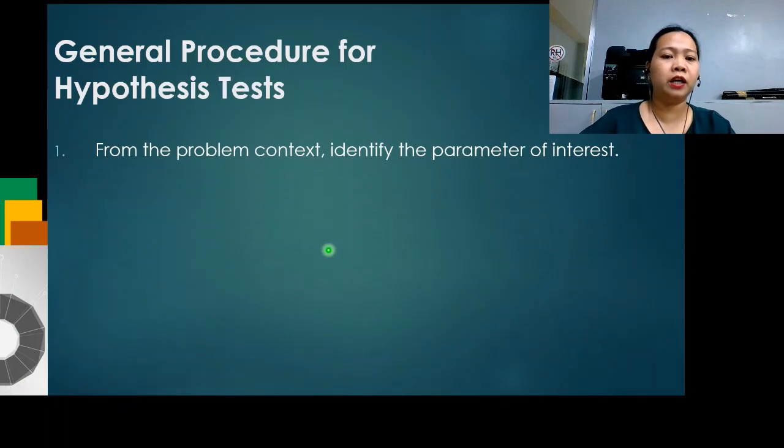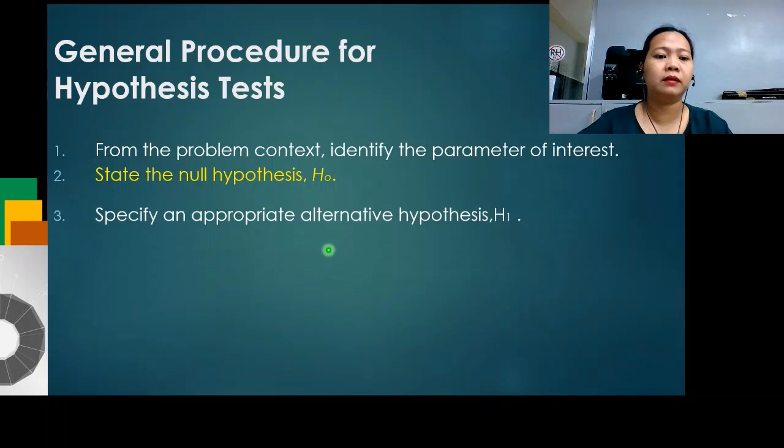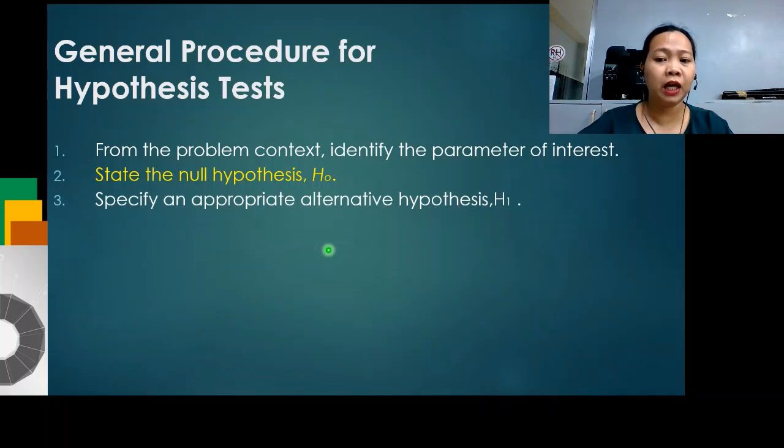So these are the general procedures in testing your hypothesis. First, from the problem context, we have to identify the parameter of interest. In our given example, it is the mean burning rate. Second, state the null hypothesis, H sub 0: mu is equal to 50 centimeters per second. Third, specify an appropriate alternative hypothesis.